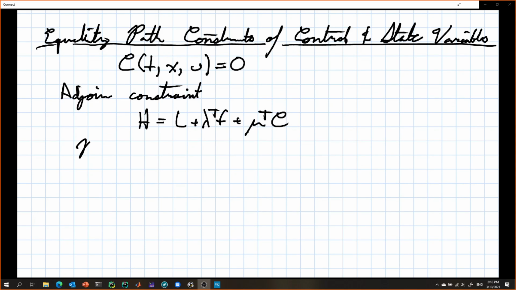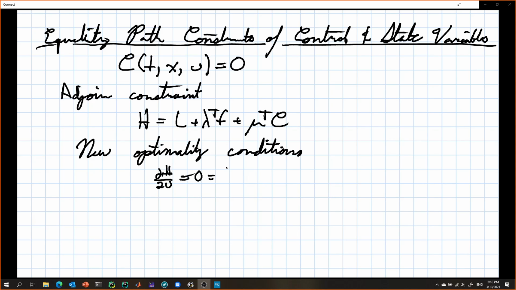And then the optimality conditions, in addition to the ones derived last week, are, hold on, let me finish writing here. They are like the previous example. We have dH/du equal to 0, which is then equal to the same thing as before.